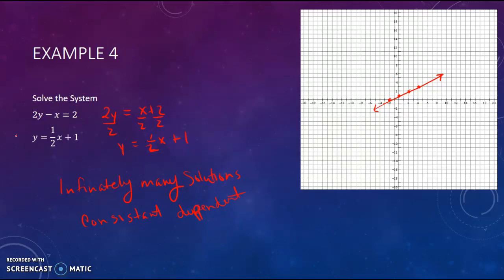So because both of them are dependent on each other, all answers for x and y will be the same for both equations. So infinitely many, consistent dependent system. That's what example 4 is.